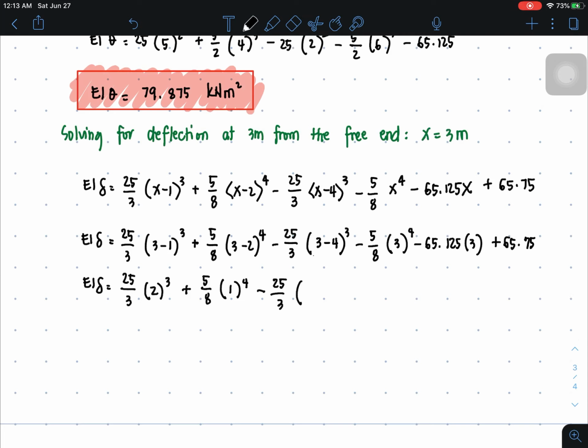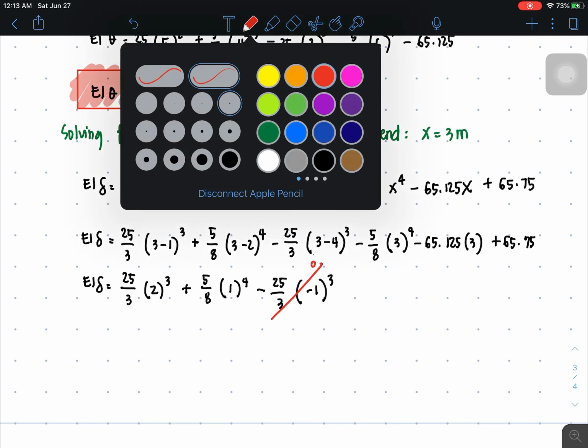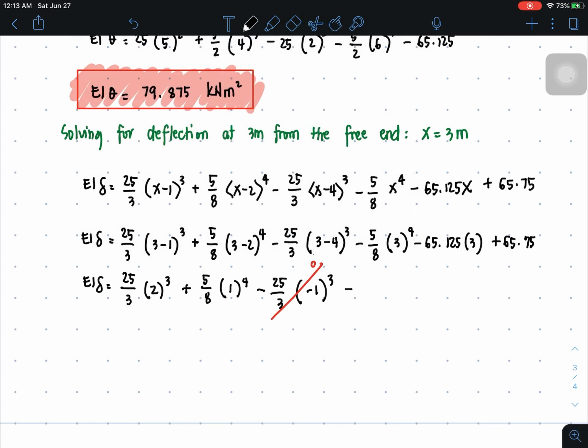This is 3 minus 4 is negative 1. So this is negative 1 cube. Somehow, this is equal to 0 kay negative man ang atong value ana. Then minus 5 over 8 times 3 to the 4th minus 65.125 times 3 plus 65.75.